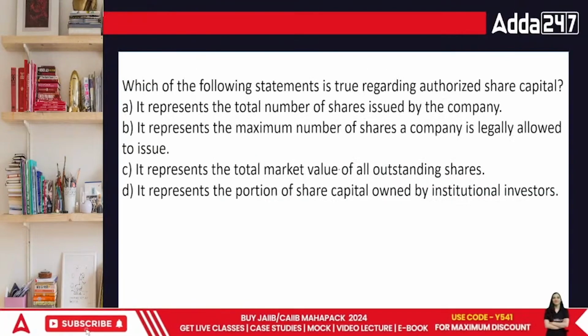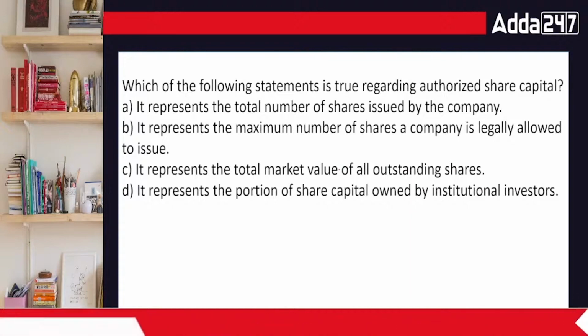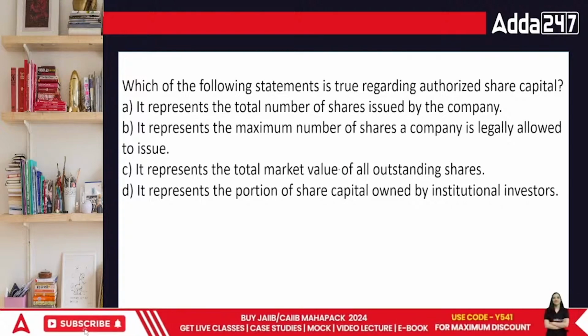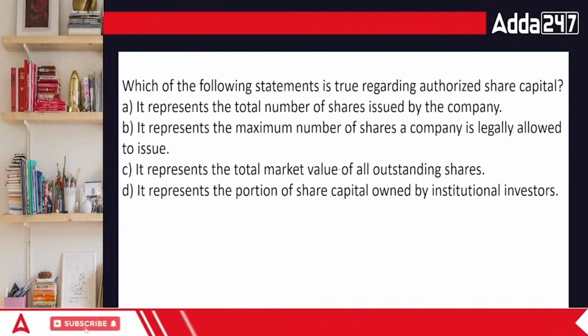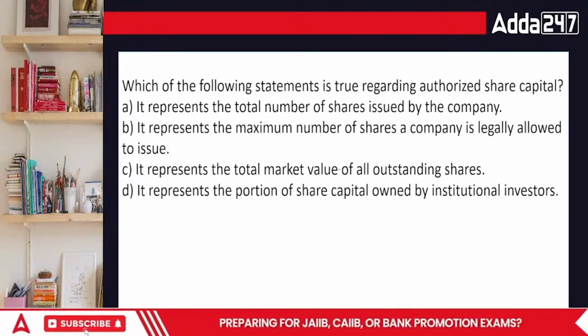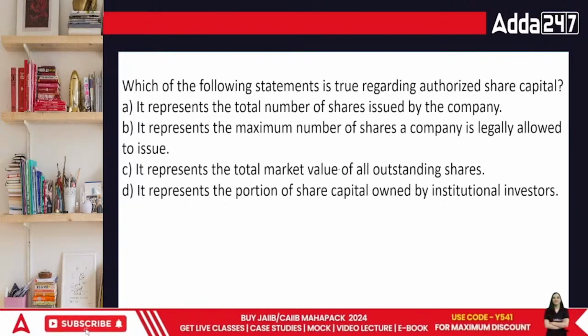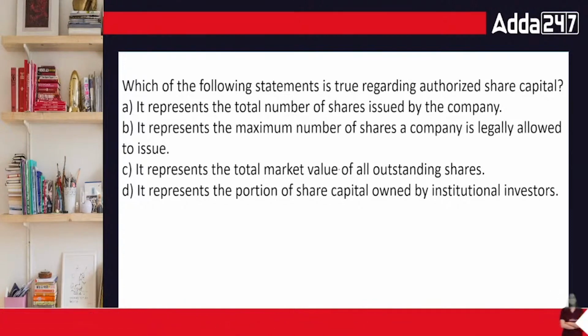Which of the following is true regarding authorized share capital? What about authorized share capital, everyone? Authorized share capital simply means that it is a form of capital which talks about the basic thing. Authorized means the one you have got permission for, right?